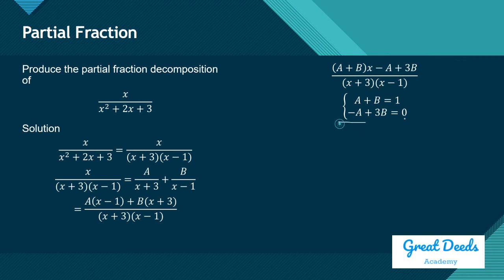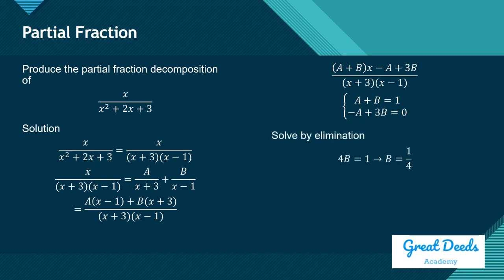This is the system of two equations in two unknowns. The unknowns are a and b. So right away, you should know how to solve this. You can do this by elimination. You add the two equations, a gets cancelled, and this becomes 4b is equal to 1, b is equal to 1/4.